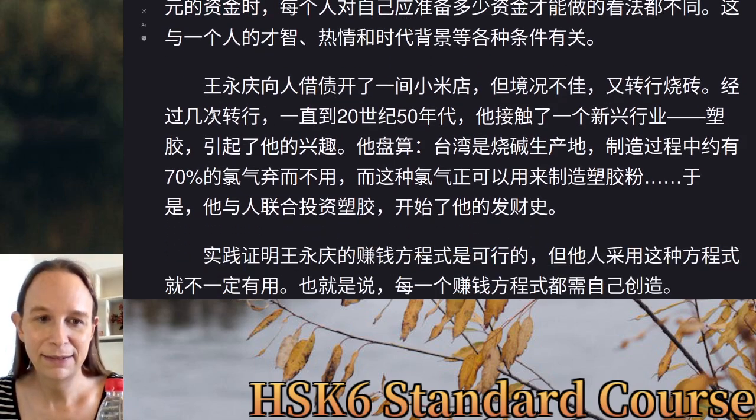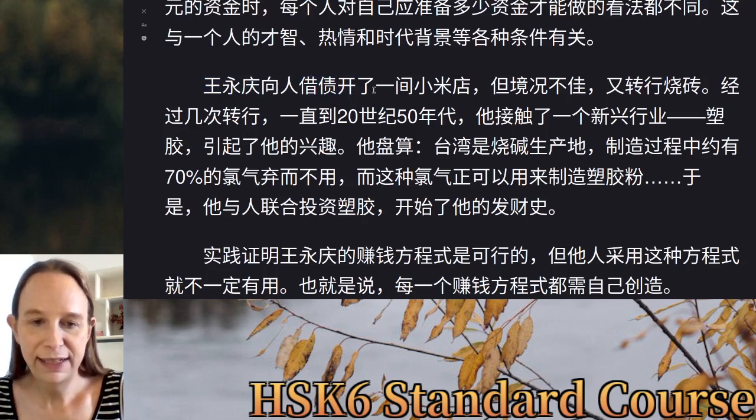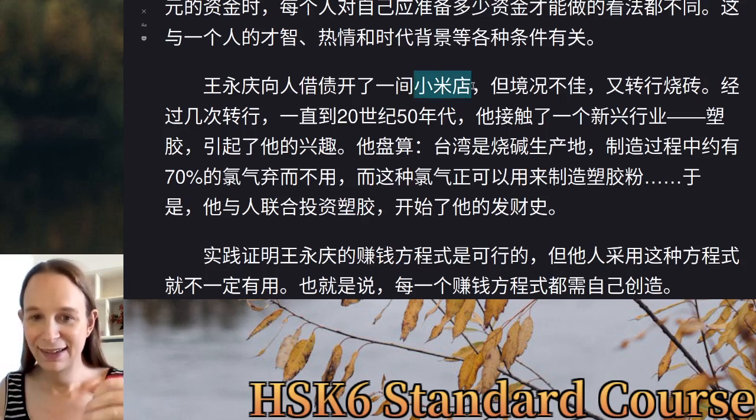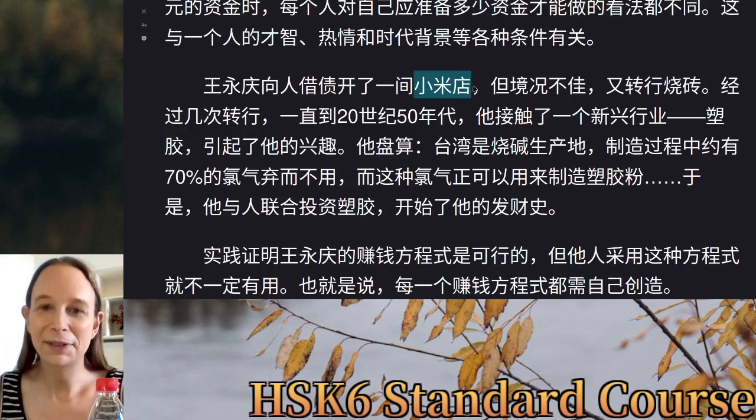Yeah, two different things. Okay, 王永庆向人借债开了一间小米店。Yeah, maybe this is not a mobile phone shop. Maybe this is the grain store.